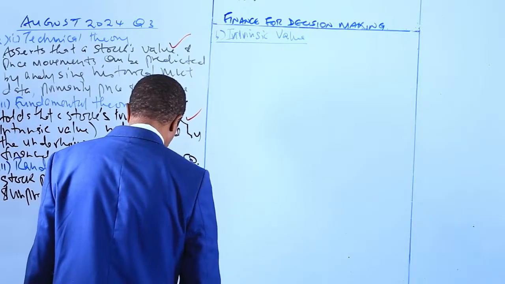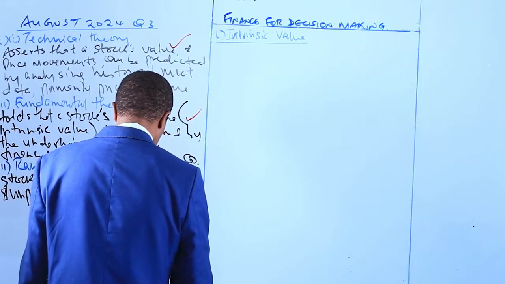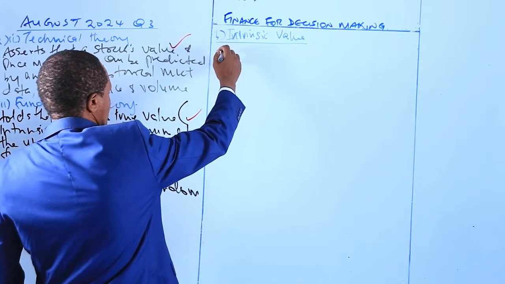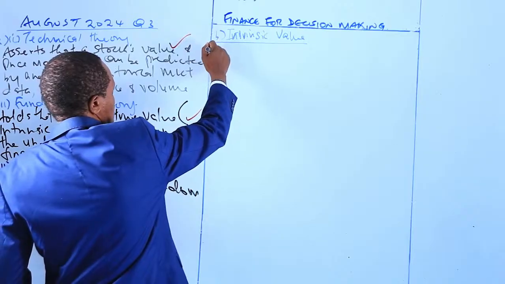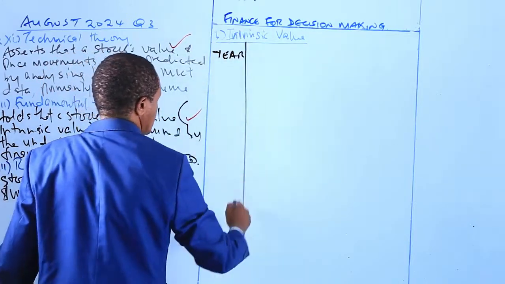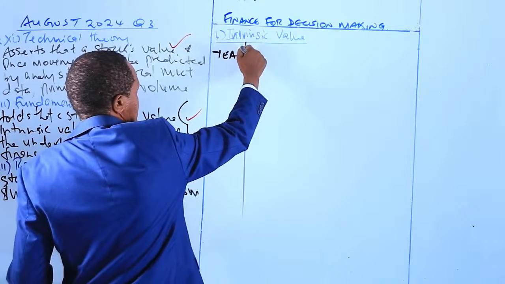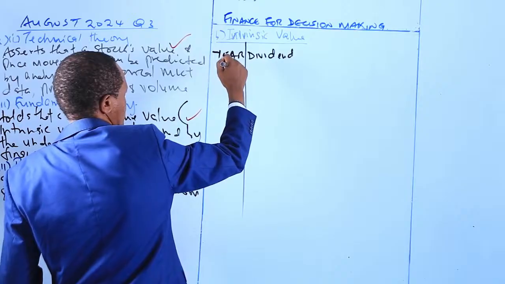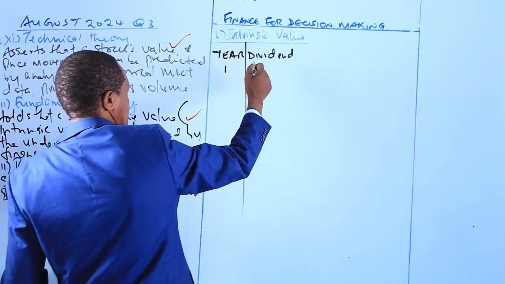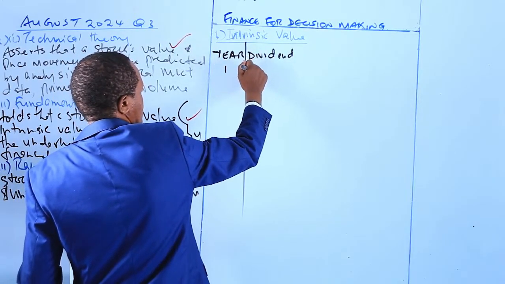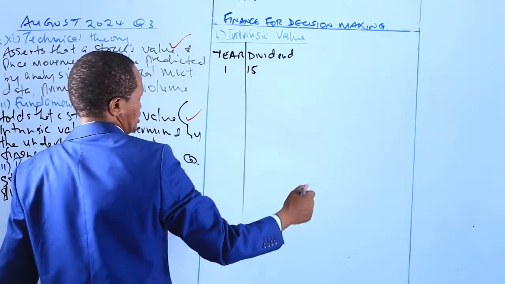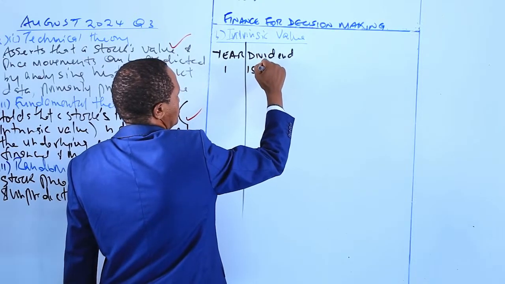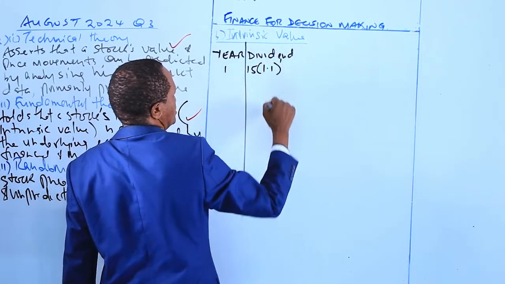Then at the end of the 4th year, we know that we will also do a discounting. So we are going to have a table. Column 2, we have dividend. So for example, year 1, look at the question. Year 1, that dividend of 15 shillings will grow at 10%. So we are going to multiply this 15 by 1.1 raised to 1.